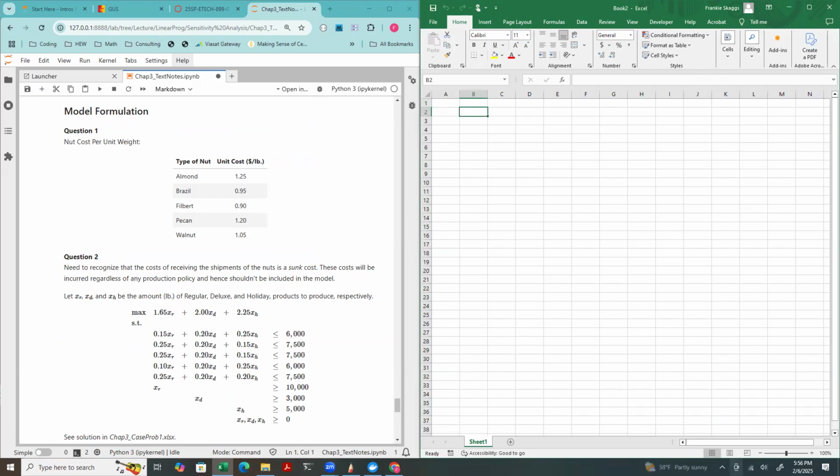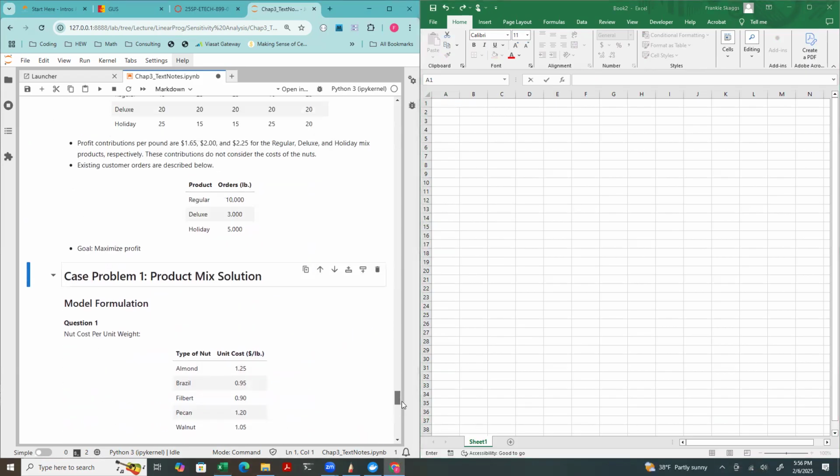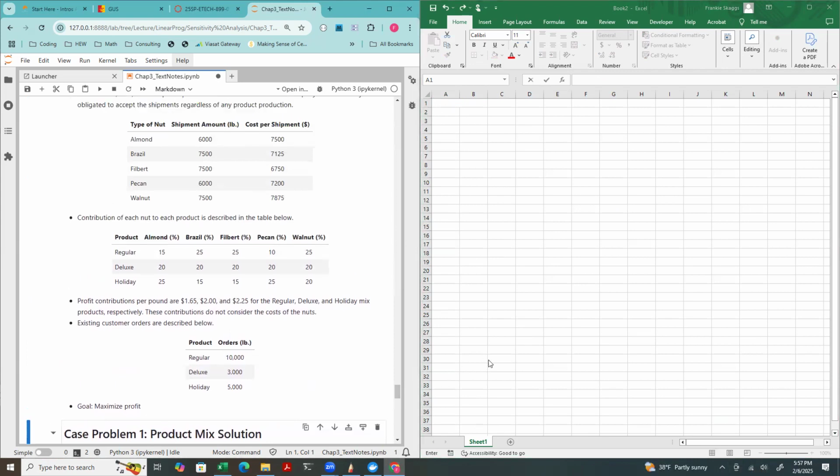So I'll just use this as a guide here. Given the time, let's go ahead and use this to show how this needs to be set up from more of a data side of things. So I can just say data here.